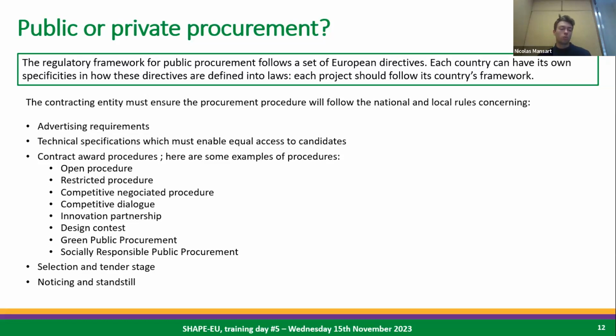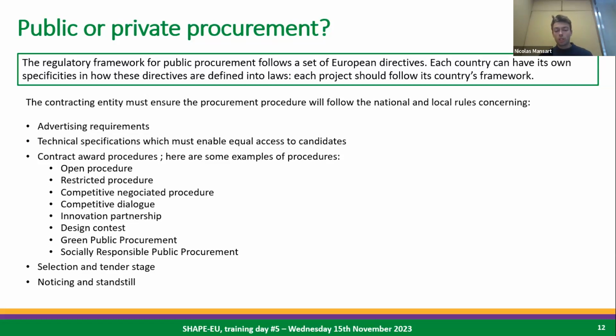We wanted to give you the national and the local rules concerning public procurement. So here are the main aspects to consider when launching a public procurement. First of all is advertising requirements.